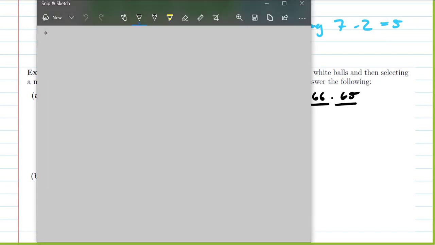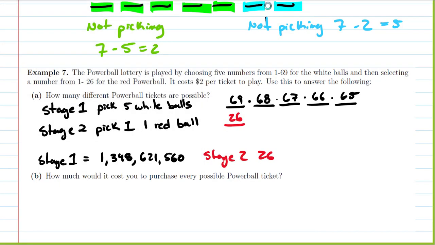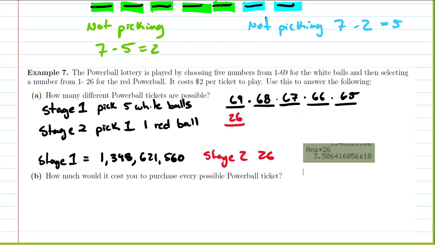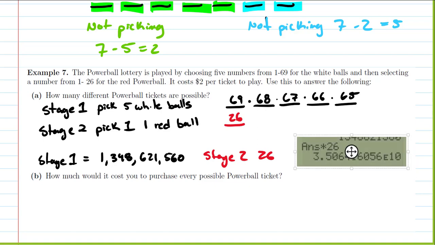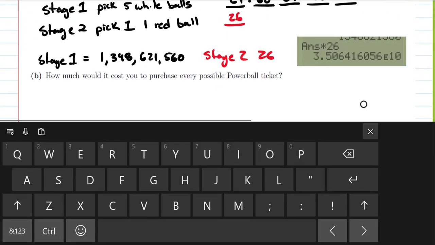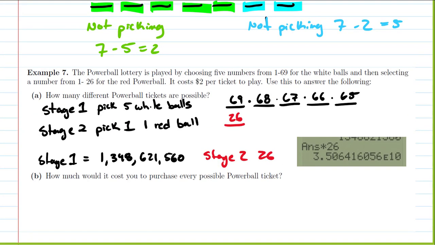And my calculator is running out of display space, so what did it do? Yeah, it changed it to scientific notation. So that tells me there's going to be 10 zeros trailing a 3.